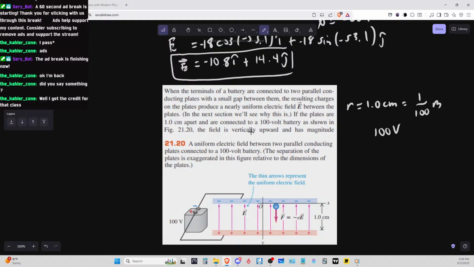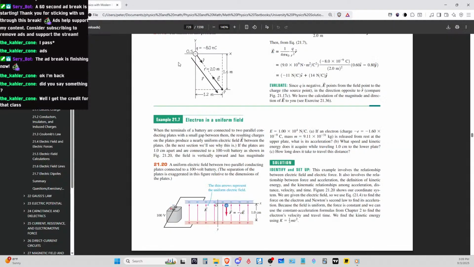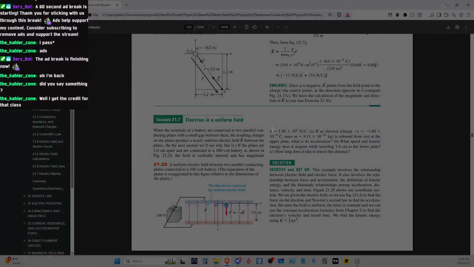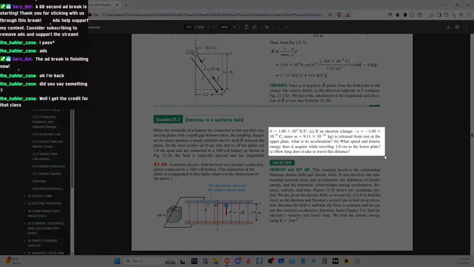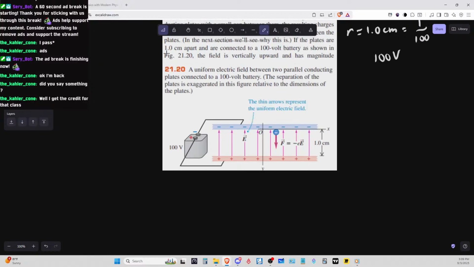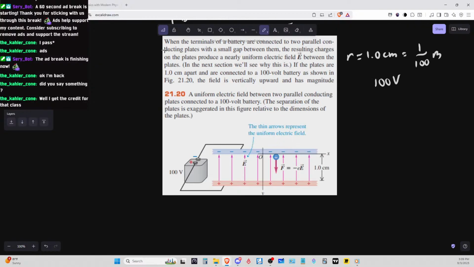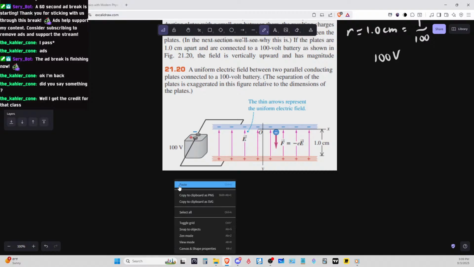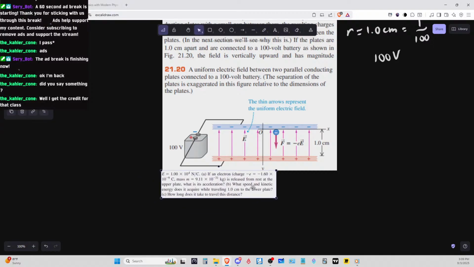The field is vertically upward, has a magnitude... Oh, there's more to the question. Oh, it's right here. Paste it right here.